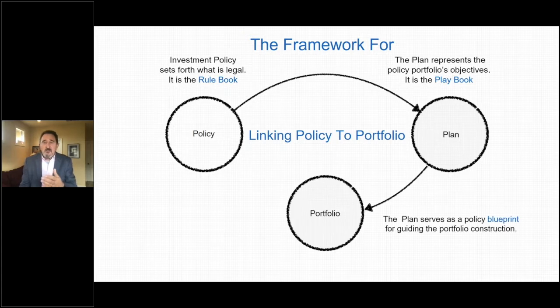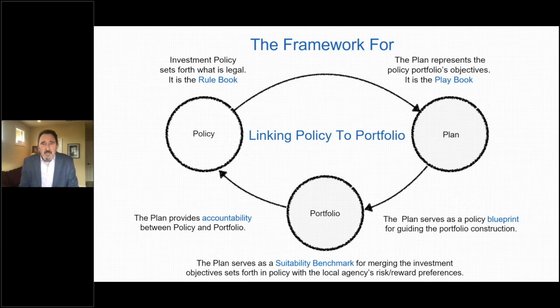So you see here from the investment plan, it serves as a blueprint that guides the portfolio construction so that the portfolio manager now has a context, a dynamic one, that allows them to make investment decisions that incorporate not only the market conditions, but also the unexpected conditions that could arise from politics, lawsuits, etc. The plan, in essence, provides accountability between policy and portfolio.